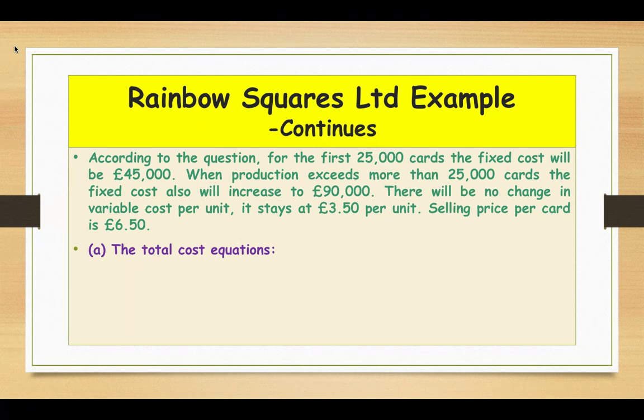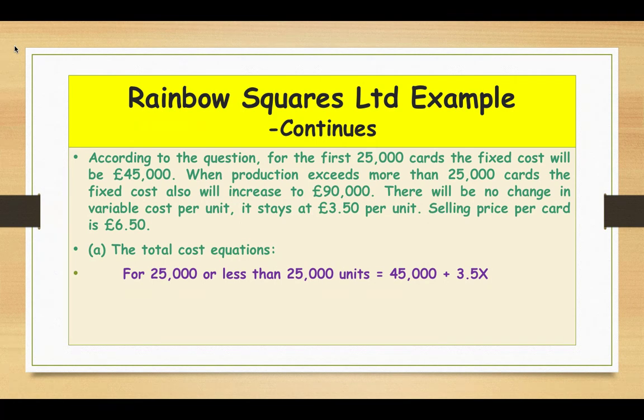So the first one, the total cost, we know, is fixed cost plus the total variable cost. So say the total number of units the company is producing is x units, for example. For 25,000 units or less, the total cost is going to be £45,000, which is our fixed cost, plus the total variable cost, which is x units we are going to produce, times 3.5 per unit, our variable cost.